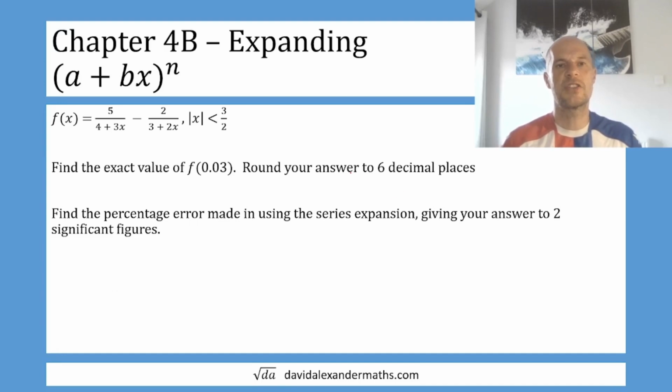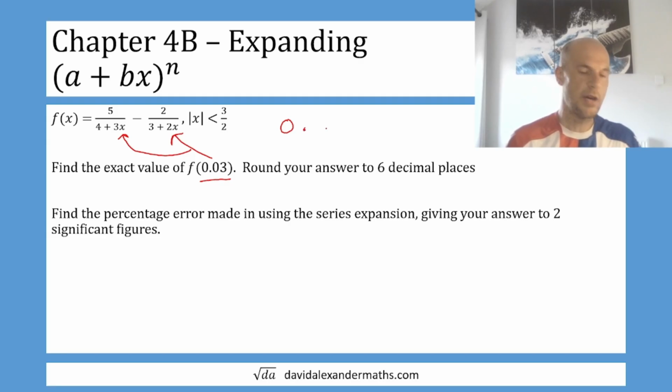Okay, so continuing with this question, find the exact value of f of 0.03. Just substitute in 0.03. So I will type in 0.03 on my calculator, hit equals, and then type in 5/4 plus 3 answer, take away 2/3 plus 2 answer, and what we get, to 6 decimal places, well, I'll just write out what my calculator says.